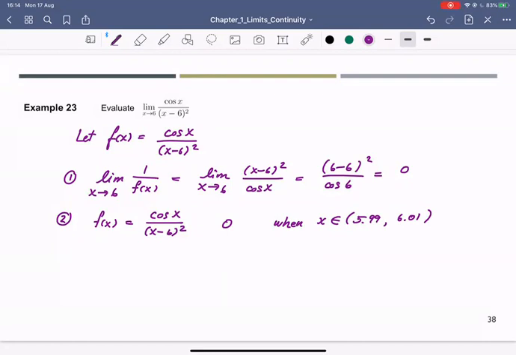Of course, the denominator here is always positive. Well, you have to figure out cosine x here. So what is the value of cosine 6? The 6 here is not in degrees. When I say cosine 6 here, this is in radians. So what is the cosine of 6?